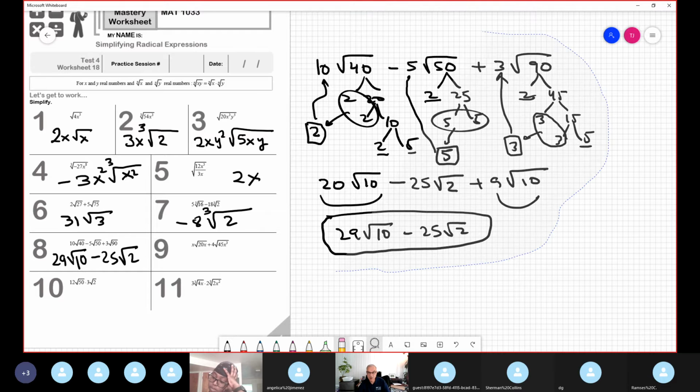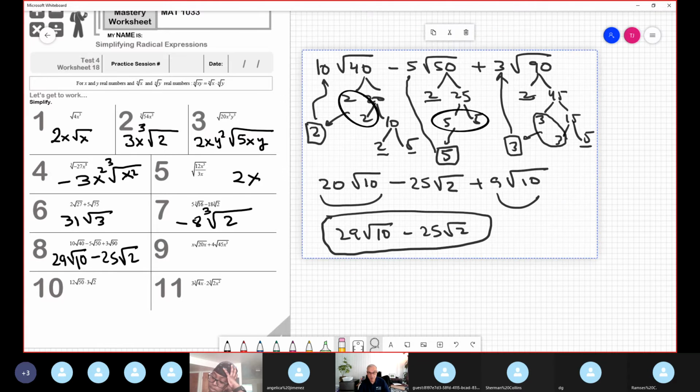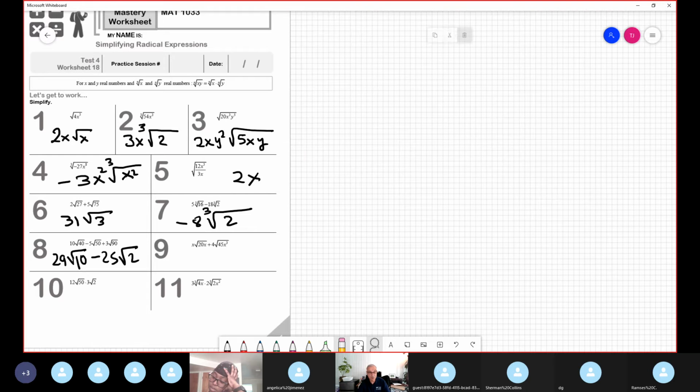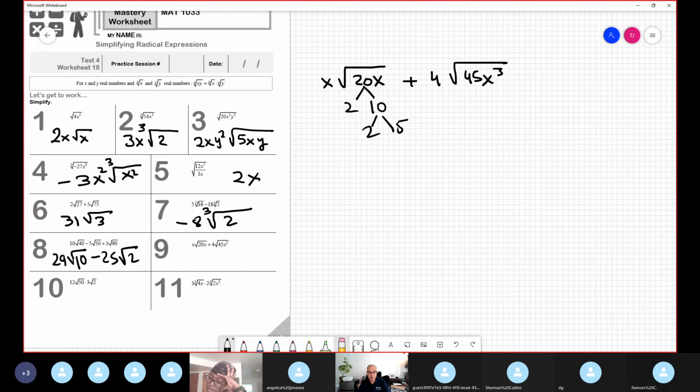Okay, this is x radical 20x plus, we are doing number 10, 4 square root of 45x cubed. Well, it's okay. This is 2 times 10, this is 2 times 5.